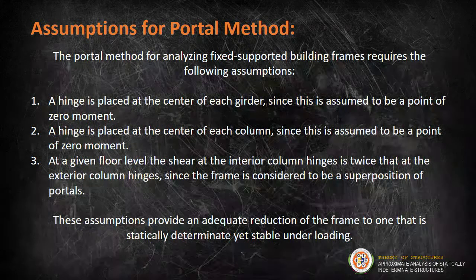And lastly, at a given floor level, the shear at the interior column hinges is twice that at the exterior column hinges, since the frame is considered to be a superimposition of portals. These assumptions provide an adequate reduction of the frame to one that is statically determinate, yet stable under loading.